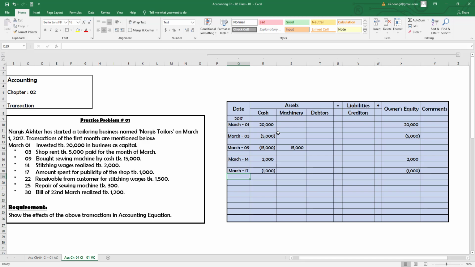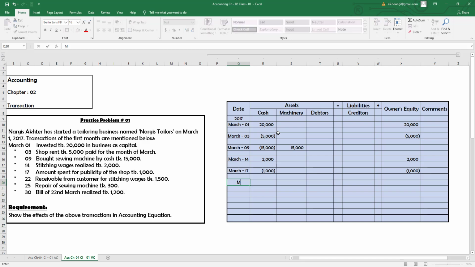Okay, March 22: receivable from customer for stitching wages. We know receivable means debtors, and debtors mean assets. So this stitching wages, Nargis Akhtar hasn't received yet, so it is not a cash transaction, it is a credit transaction, and we know debtors originate from credit sale, or credit service, whatever it is.